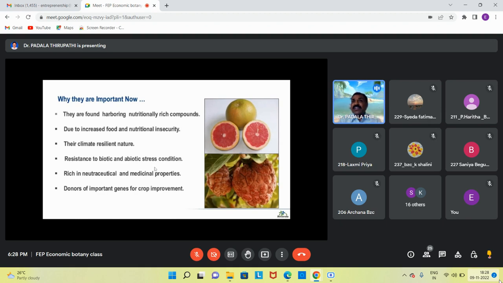There are also biotic stresses, like the availability of nutrients in the plant body, and competitor plants of the same species or in the same area. That's why they sustain and remain resistant to biotic and abiotic stress conditions, and that's why we give importance to these fruits.